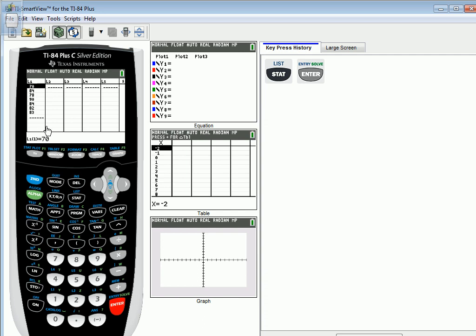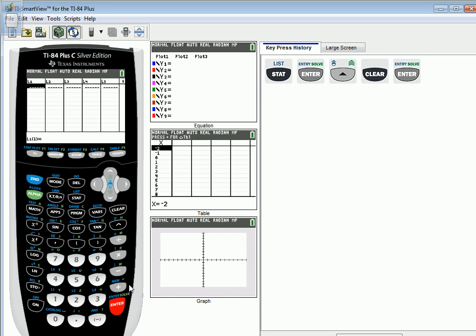Now, I have data in my list that I want to get rid of. To get rid of data, you arrow up until you have highlighted the label for that column, and you hit clear and enter, and it all goes away.